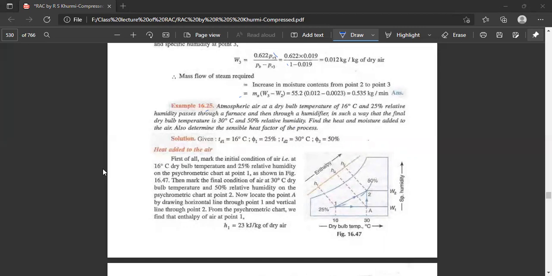First of all, we are supposed to mark the initial condition of air, that is 16 degree dry bulb temperature and 25% relative humidity. In the psychrometric chart, take 16 degrees from the abscissa, and the relative humidity curve of 25%. They will meet at point 1.